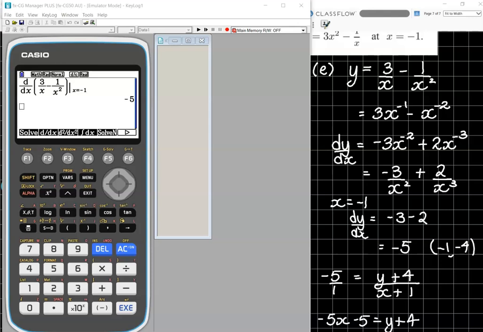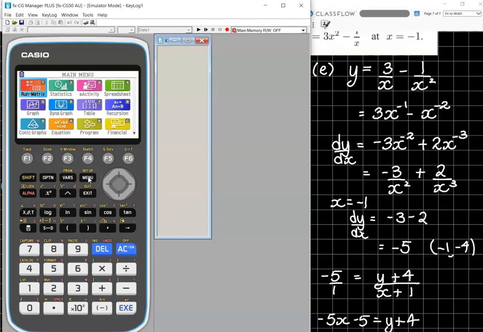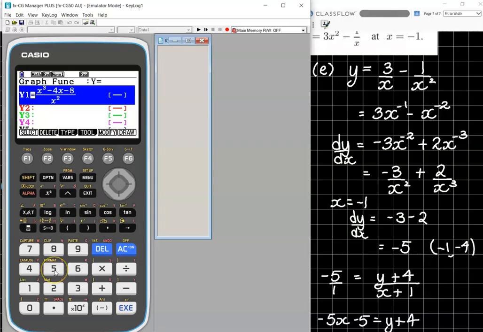equation of the tangent. Who remembers how to get the equation of the tangent? All right, so here we go. Menu. We go into the graphing mode. We have a graph here, so you could delete it, but I'm just going to type straight over.